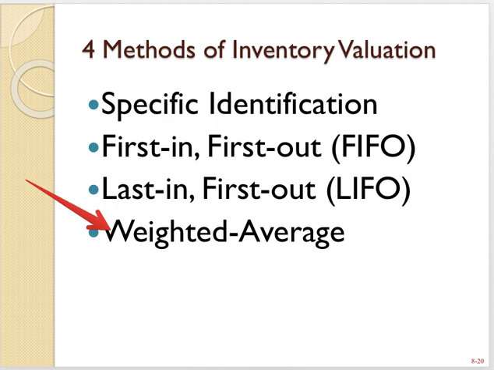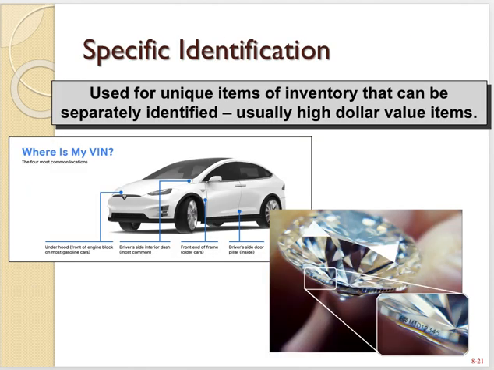So we're going to start first with specific identification because that's the most straightforward. And specific identification actually makes it pretty easy to figure out which one you sold. And that's because the items are separately identified using some kind of code or number so that you know which one it was that you bought.